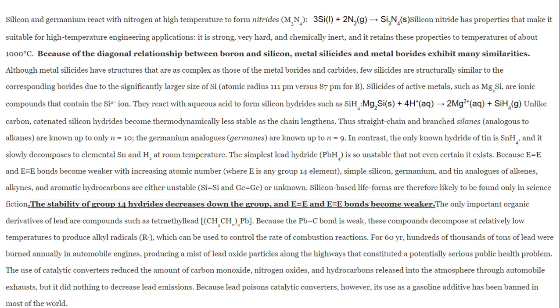The use of catalytic converters reduced the amount of carbon monoxide, nitrogen oxides, and hydrocarbons released into the atmosphere through automobile exhaust, but it did nothing to decrease lead emissions. Because lead poisons catalytic converters, however, its use as a gasoline additive has been banned in most of the world.